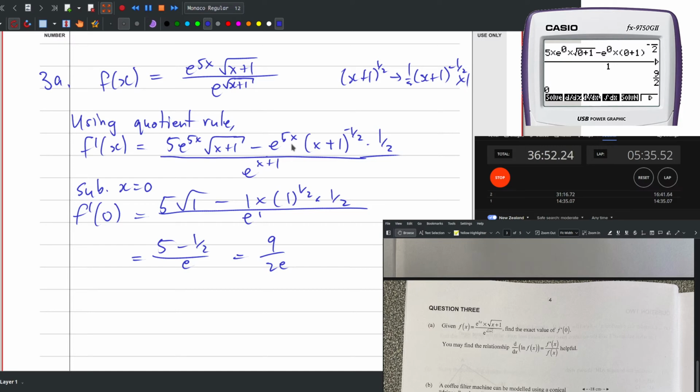But when you actually get the calculator to do the differentiation, it comes up with 10 on 2, which is 5. So why is the second term not meant to be there at x equals 0?